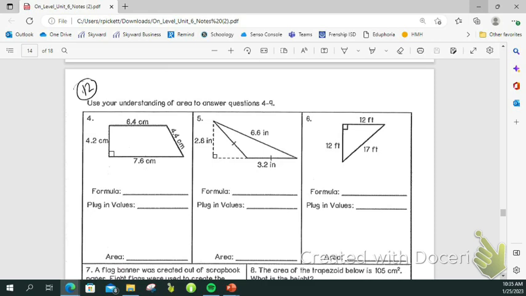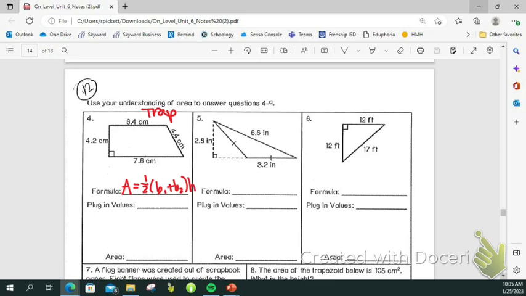And we are going to solve for these 3 shapes. All right, looking at number 4, that's showing you a trapezoid. I'm going to label that trapezoid, or trap, and then write our formula. Area equals 1/2 base 1 plus base 2 times the height.